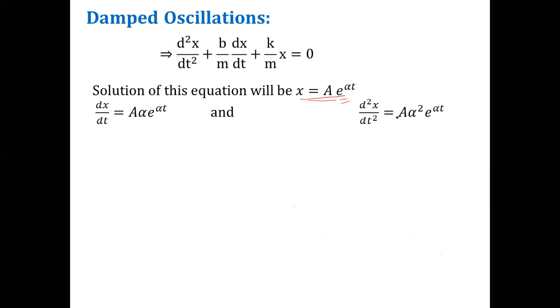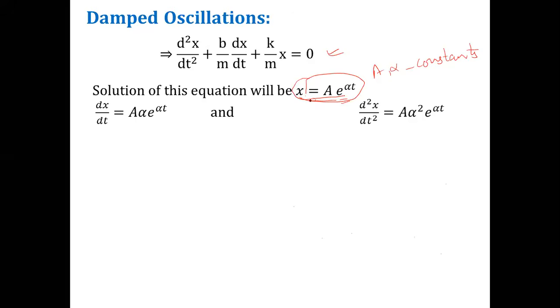Right now, we are just saying that a and alpha are some constants, whose values we will decide later. I am not saying alpha is real or alpha is imaginary. I am not commenting on that right now. Alpha could be real, it could be imaginary also, but it is a constant. If I am saying that this is the solution of your equation, that means this should satisfy this equation.